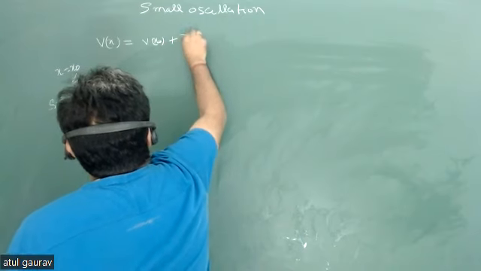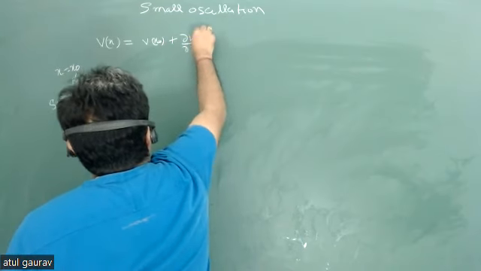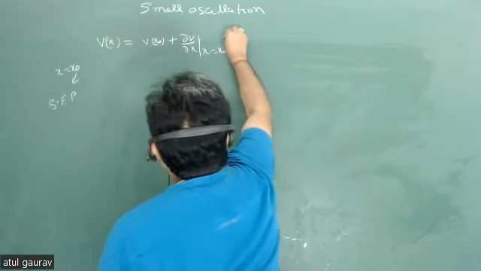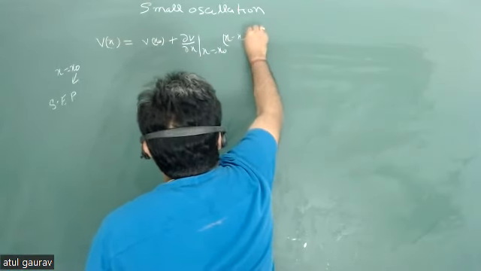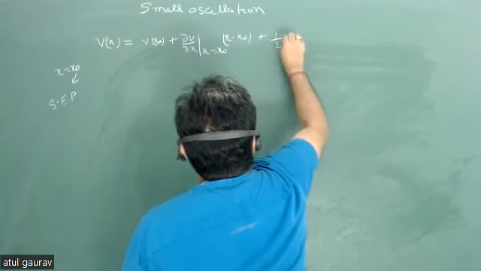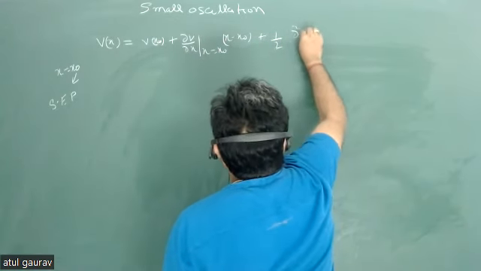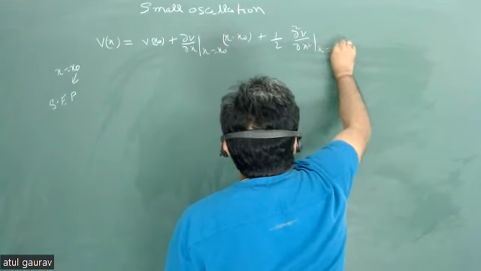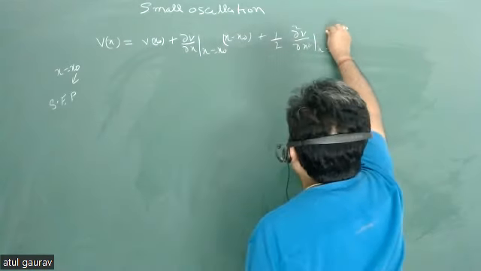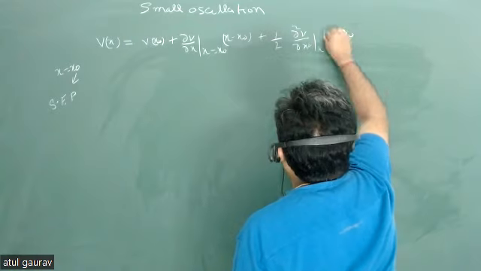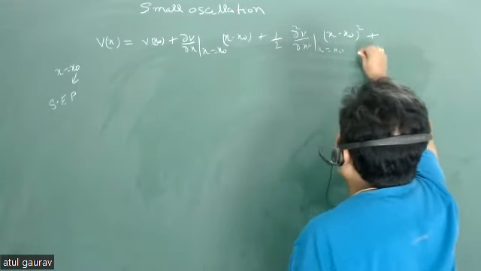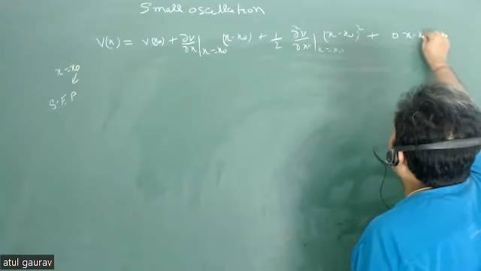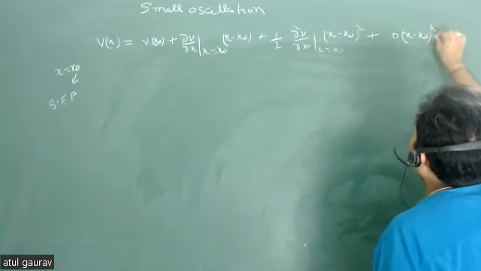plus del V upon del x at x equal to x naught, multiplied by (x minus x naught), plus 1 by 2 del square V upon del x square at x equal to x naught, multiplied by (x minus x naught) whole square, and all other terms which are of the order of (x minus x naught) to the power cube.